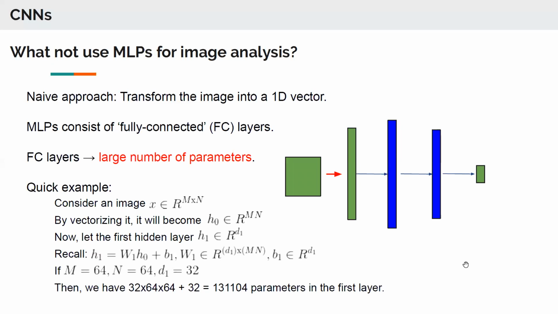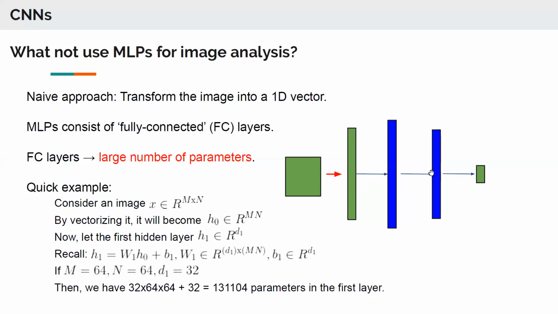One naive way of using MLPs for image analysis would be to start with an image, which is a 2D matrix, and just vectorize it into a vector. Then we could have an MLP do analysis on this vector.